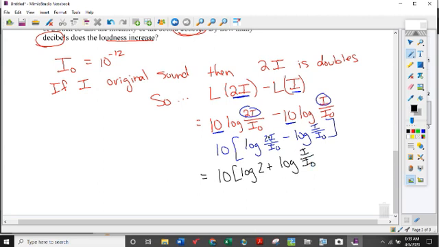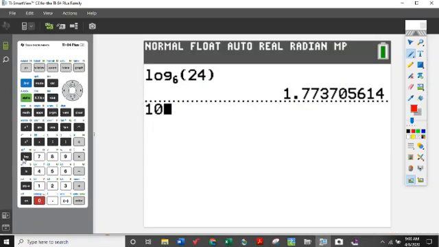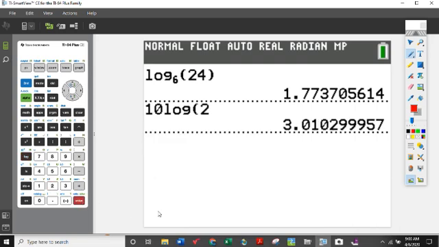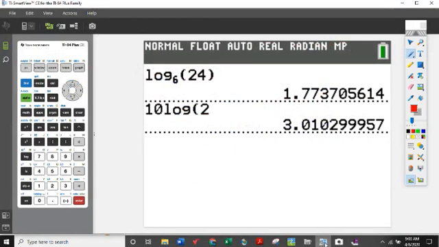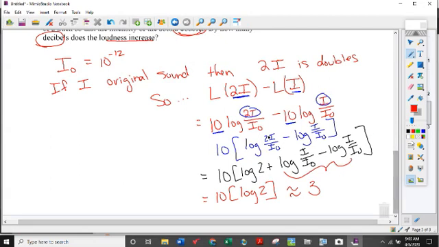So I took this 2 out and changed this multiplication to addition. And then I'm actually going to stop here. I'm not going to separate the subtraction because look what happens. These will cancel out. And when you plug this in your calculator, this is going to give you approximately 3.01 something something something, which is approximately 3. Let me go back to that. I went pretty fast. Okay, now you should be able to finish your homework.